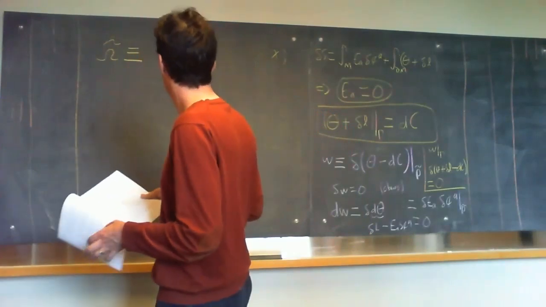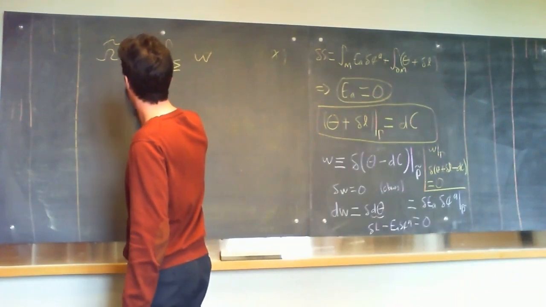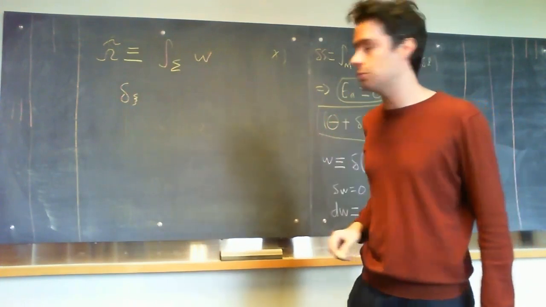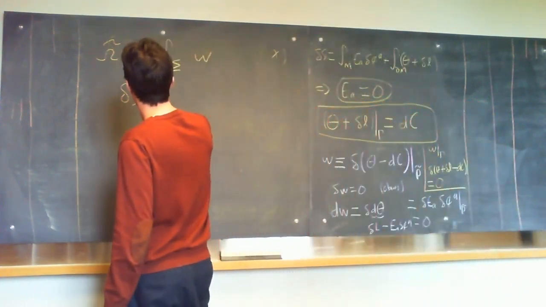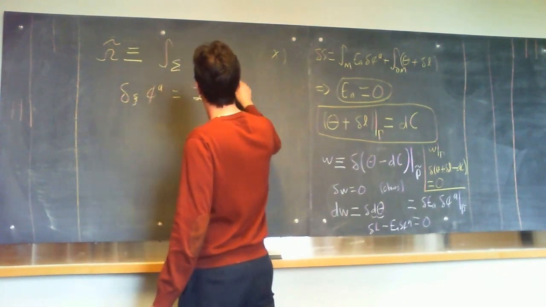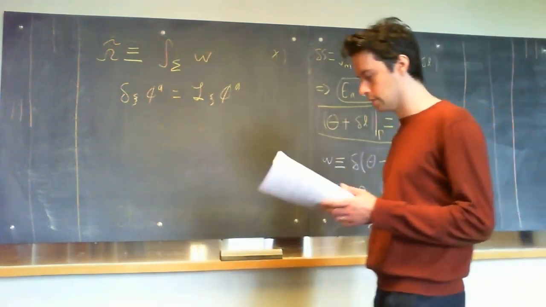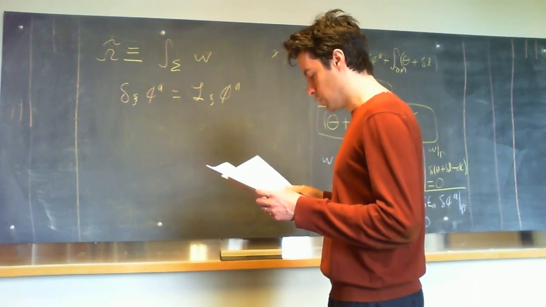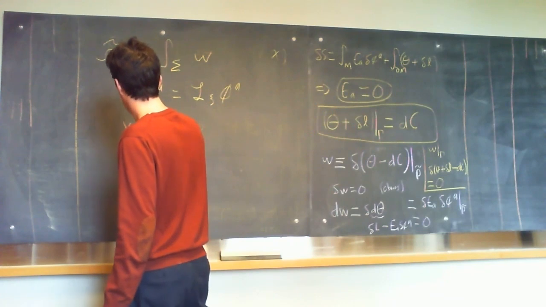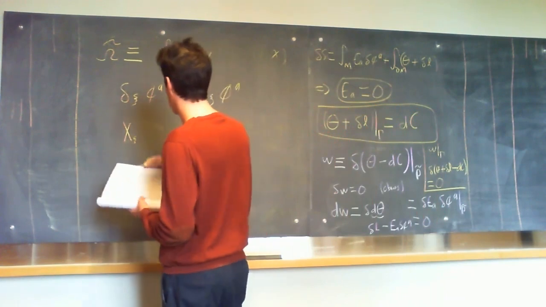So what does it mean for a Lagrangian to be covariant? Well, let me first remind you that if C is a vector field that generates an infinitesimal diffeomorphism, then the transformation of any dynamical field is just the Lie derivative. Here I'm assuming all the dynamical fields are tensors, or maybe tensor densities. So then we can define a vector X_C, which is a vector on pre-phase space, or even a vector on configuration space.